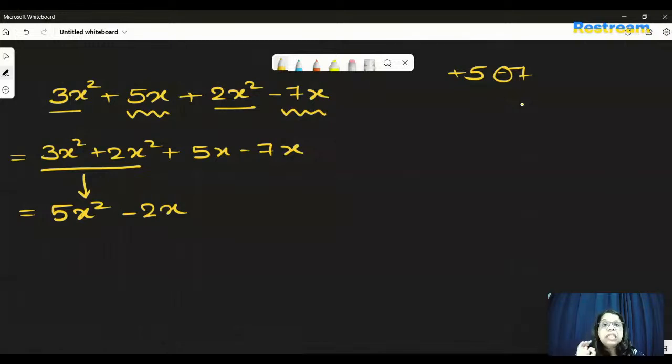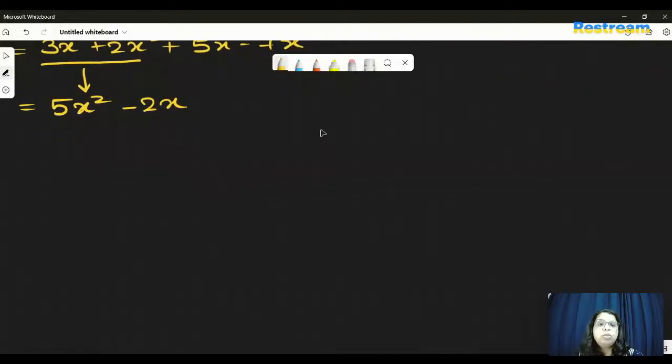Now the third terminology that we need to know is a constant. A constant is a number that doesn't have any variables following it. So for example, let's say we have 5x plus 3y minus 6.